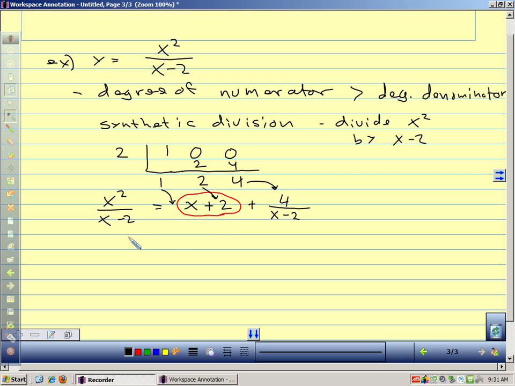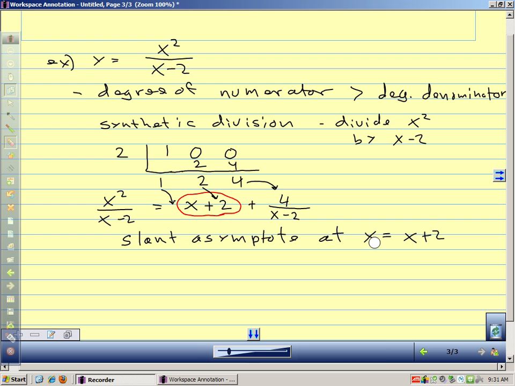So I have a slant asymptote at y equals x plus 2. Whatever I get out here is my slant asymptote. So rather than a horizontal asymptote, I get an asymptote that's some other line.